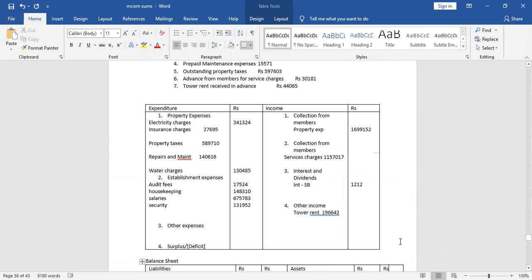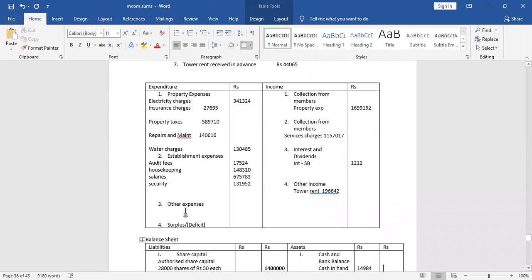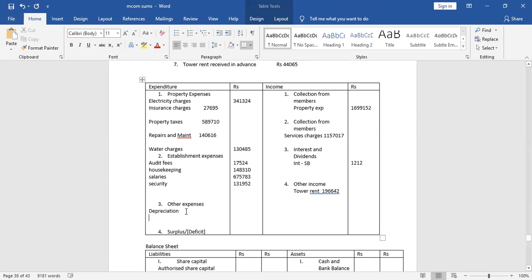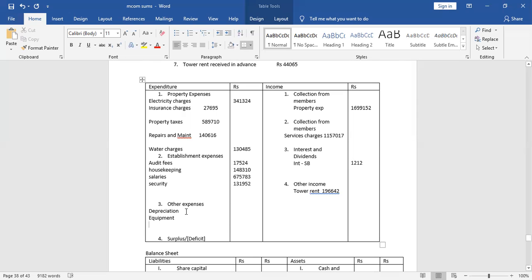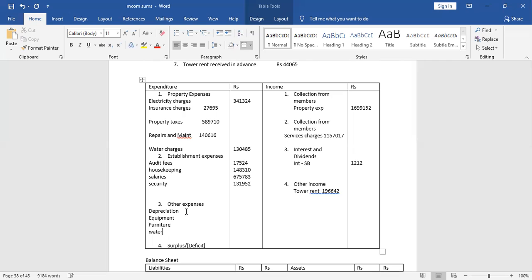In other expenses we will write depreciation. What all is there? Equipment, furniture and water pump.